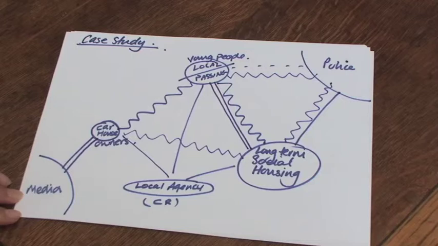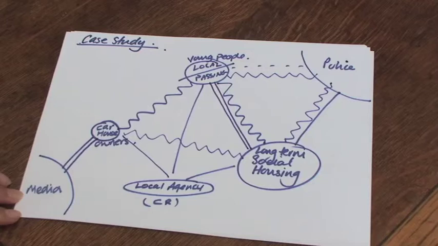And we also have a group of young people who are passing through the area and using the space. Over on the left-hand side, we have a much smaller group, although in a way much more powerful group, of car and house owners, private owners who've arrived in the area more recently and around whom a lot of the different issues are arising.